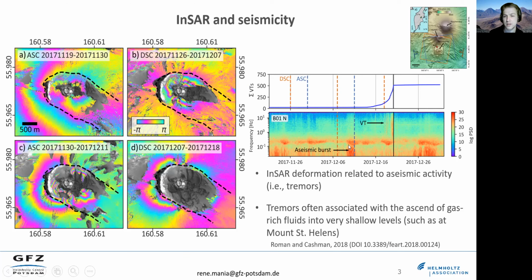At the same time, we can see in this spectrogram a high density of very low frequency events. And this burst of seismicity is likely driving the deformation detected with InSAR. This is also called tremoric activity, and is often associated with the ascent of gas-enriched fluids into the very shallow magmatic system.